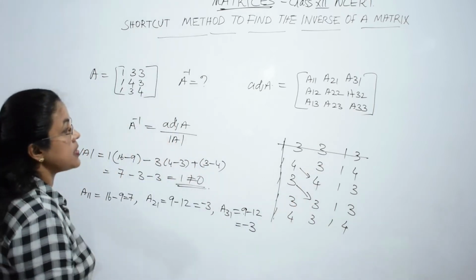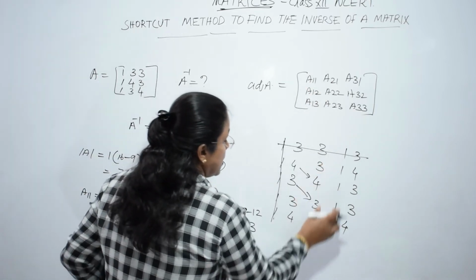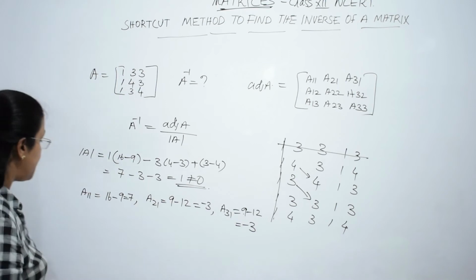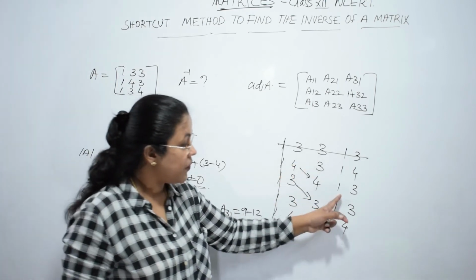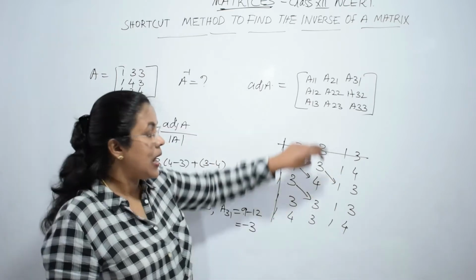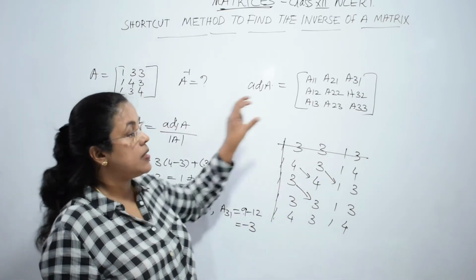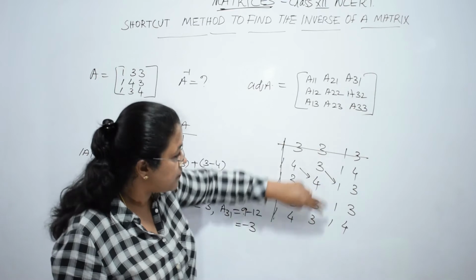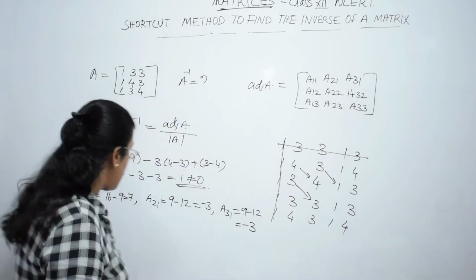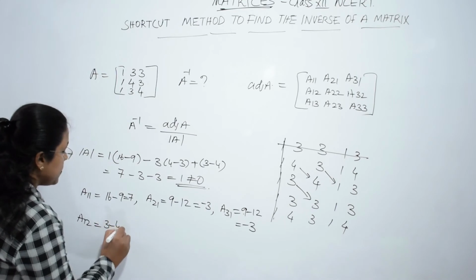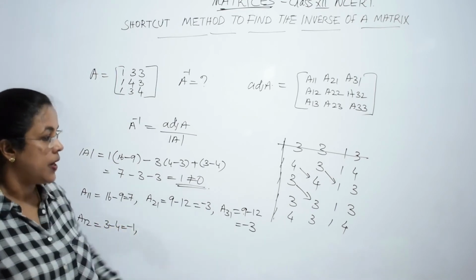Now for the next, A12, calculate the second column. A12 is 3 1 is 3. Calculate vertically and write horizontally. 3 1 is 3 minus 4, which is equal to minus 1.